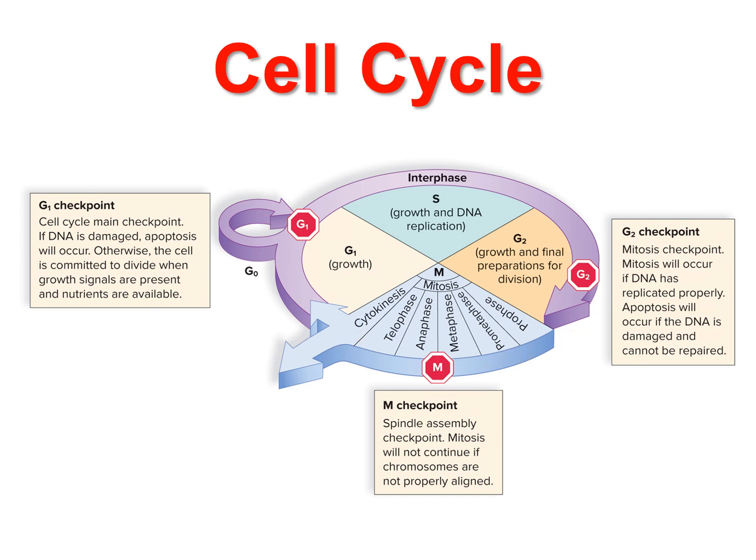So these little stop signs are checkpoints to make sure that things don't go wrong. Do things still go wrong? Sure. Yeah, we've got cancer, we've got all kinds of things. But this is the fundamental layout of how a cell, if stimulated to divide, goes through in order to get to that division and then complete that division.